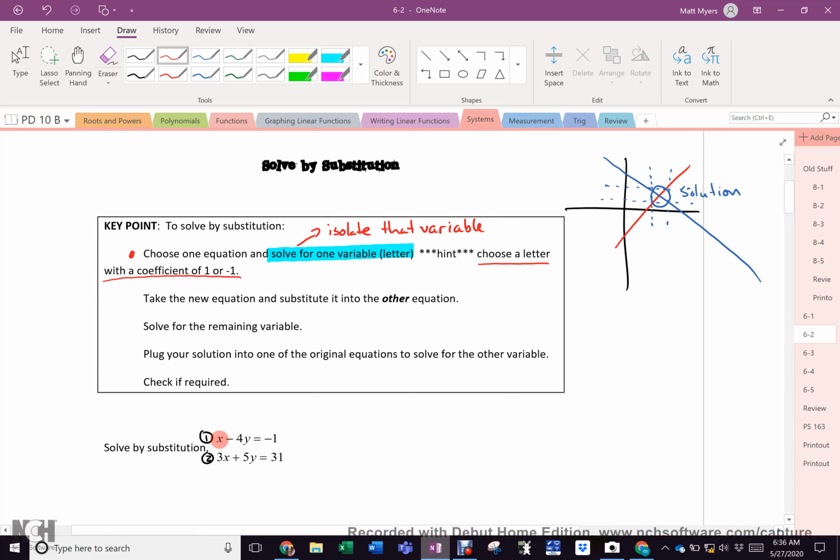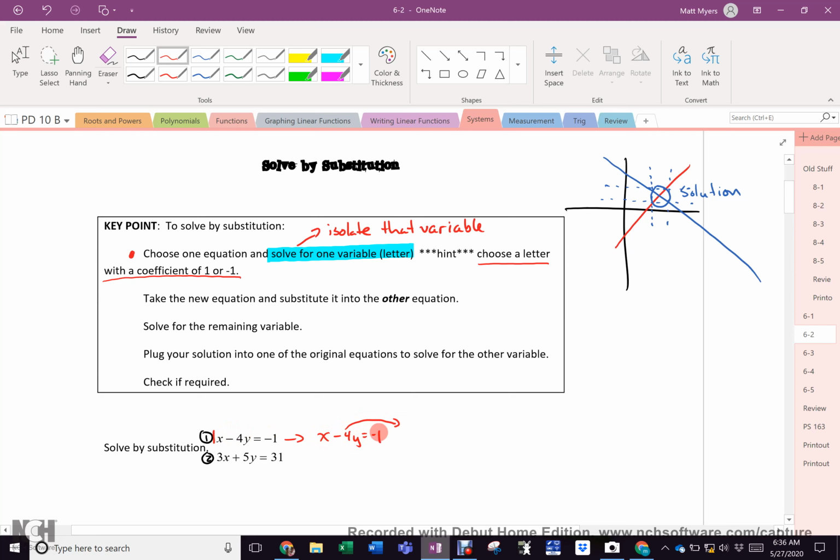Obviously, we are going to work with equation 1 because this has a coefficient of +1. So it's easy to isolate x. So equation 1 here becomes x minus 4y equals -1, and I'm going to isolate x. So that means I've got to get rid of -4y. So I'm going to move it over here.